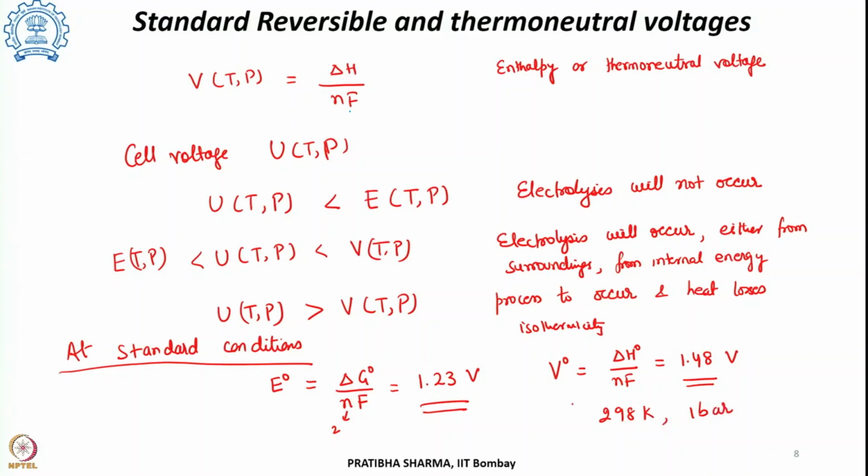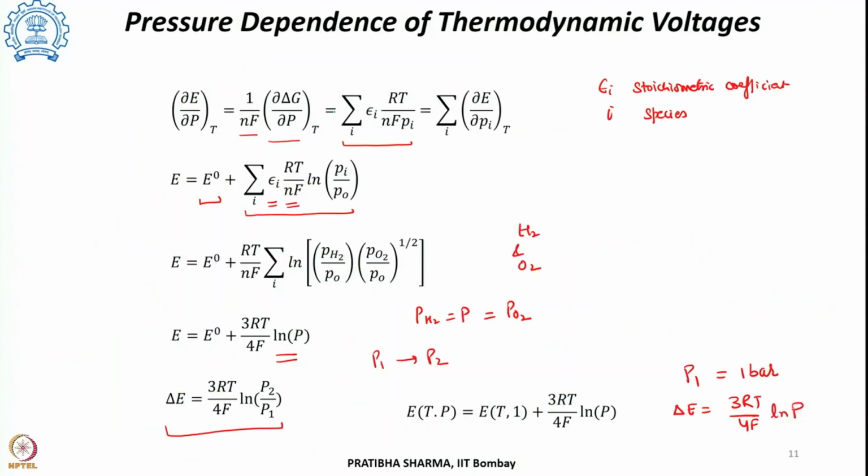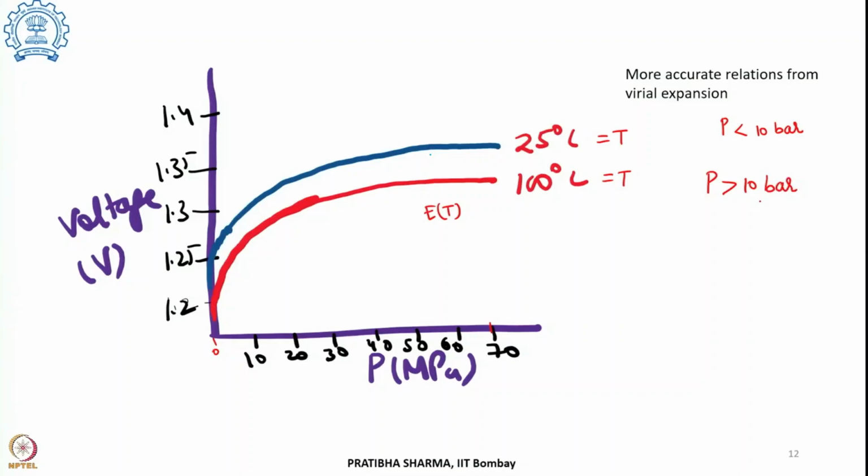This is a simple process. Some calculations or derivations are here for formulating the voltage. Two things you have to remember. The thermodynamic voltage, that is E naught, the equilibrium voltage for water splitting, the minimum water dissociation voltage.